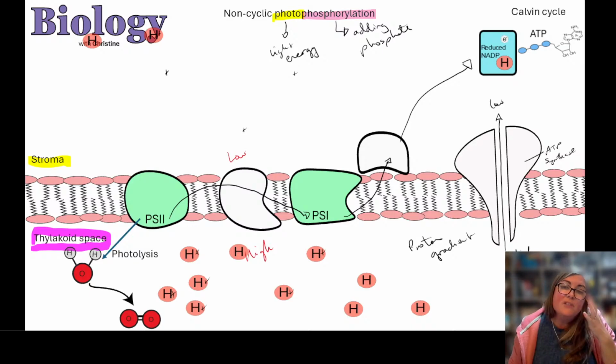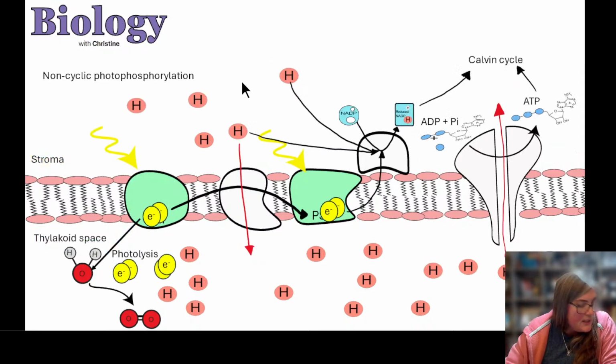That will be enough to get you the marking point. So if you are not sure on things like the proton motive force, then describe what is happening, because that will make a big difference. Okay, so that is the non-cyclic photophosphorylation, where we have the electrons moving through, and the reduced NADP and ATP are going to go to the Calvin cycle.